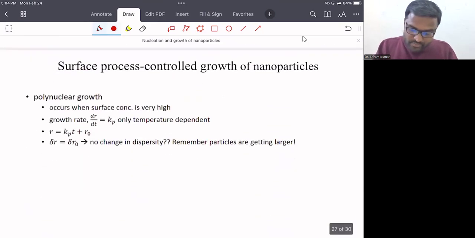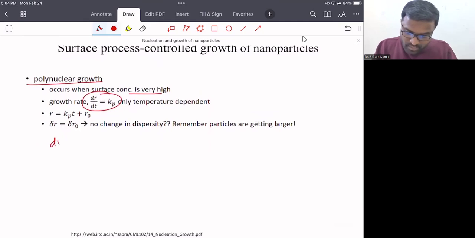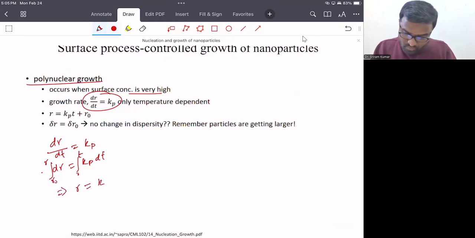And in the second case, we have the polynuclear growth stage. Here the occlusion of the surface is very high. In this case, the growth rate is dr by dt is equal to kp. If you just solve this, dr is equal to kp dt, and integrating 0 to t, r0 to r, we will have r is equal to kp t plus r0.